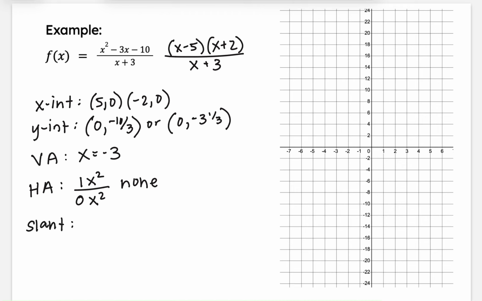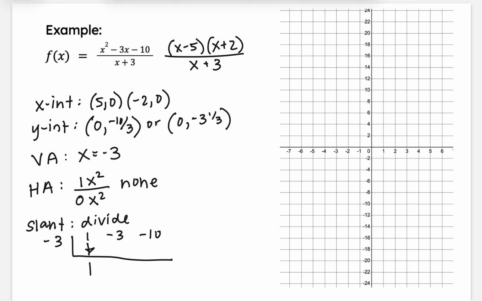And we find that slant by dividing. So I can do synthetic division on this one because the denominator is linear. So I'm going to put 1, negative 3, negative 10. I'm going to put negative 3 because that's what makes my x plus 3 equals 0.